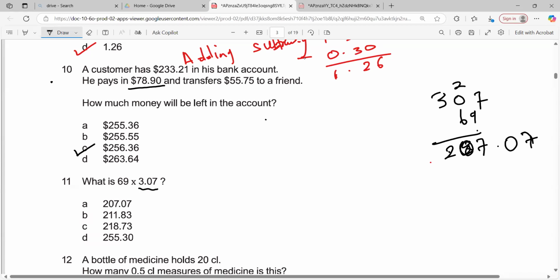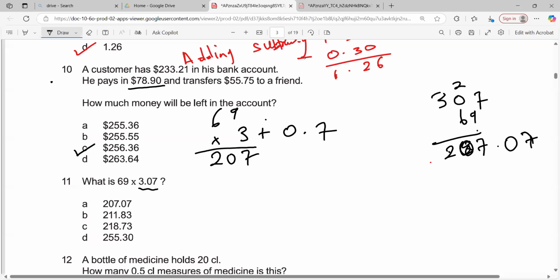Think of 3.07 as 3 plus 0.07. Multiply 69 times 3, which is 207.